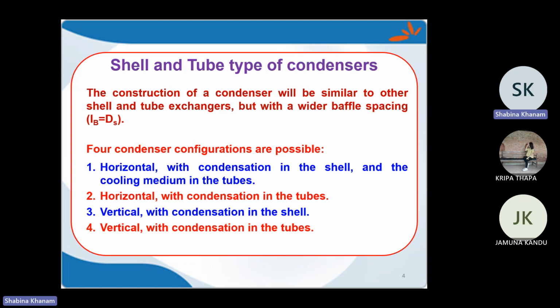So in this way we can have the four condensers, based on what is the orientation, and second where the condensation is occurring. So we will discuss all these four configurations one by one.